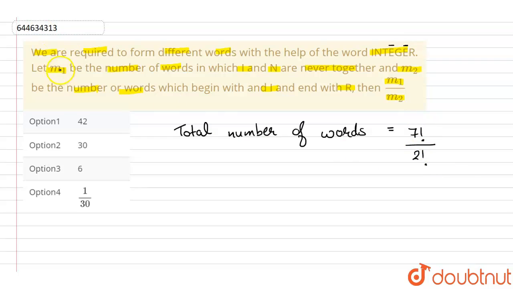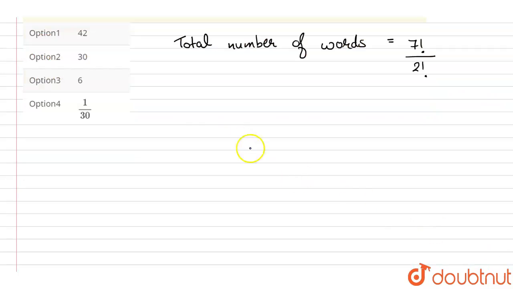Now in the first part, we need to find out the words in which I and N are never together. Firstly, we'll find out the words in which I and N are together.